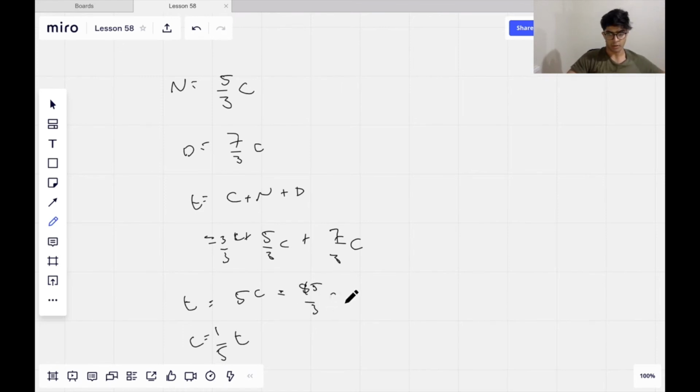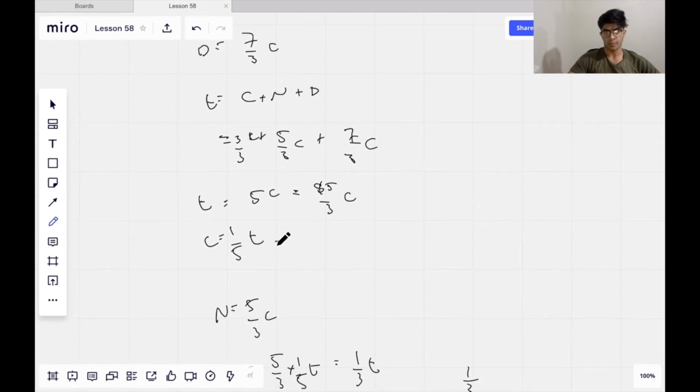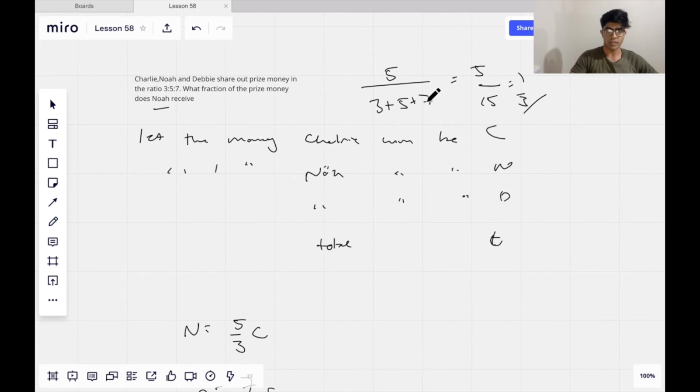Then when we go through with this, C is a fifth of T, so a fifth of that is 15 over 3 times by, sorry, we've just flipped that fraction. Once we've done that trick, that's the nice and easy trick we have.